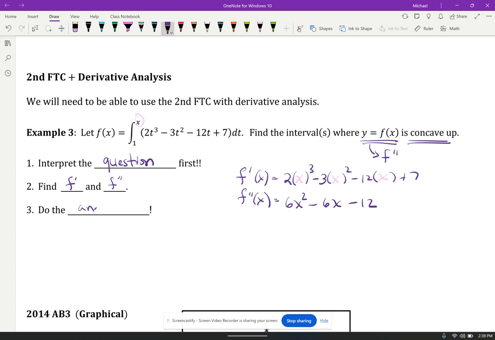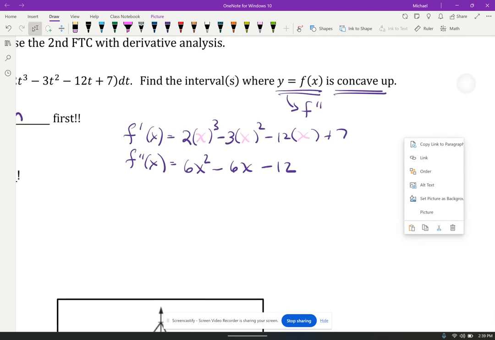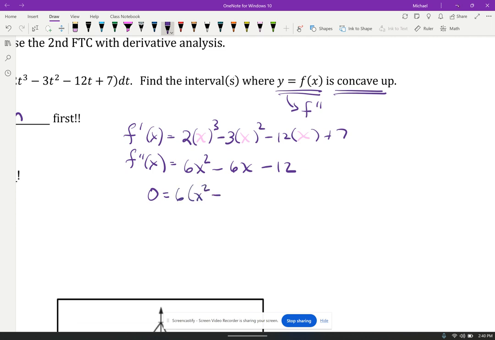Now do the analysis. How do we figure out whether something is concave up or concave down? Well, I've got to figure out where the second derivative is equal to 0 and then test points, right? So I'm going to set the second derivative equal to 0. While I do that, I'm going to factor out a 6 from all of these to make my numbers a little bit easier to work with. And now I see that I can factor this into x minus 2, x plus 1.